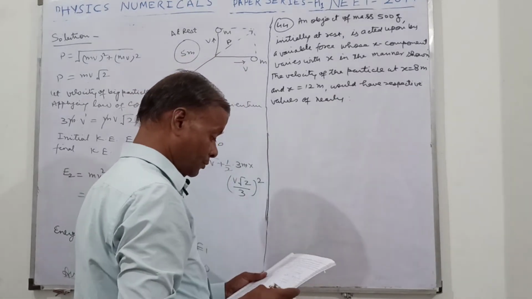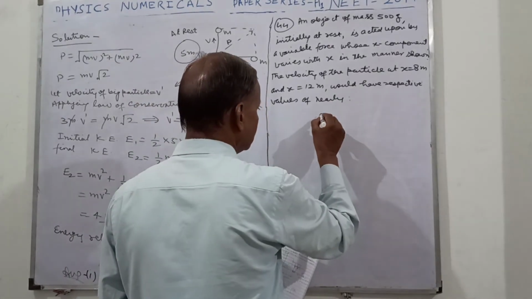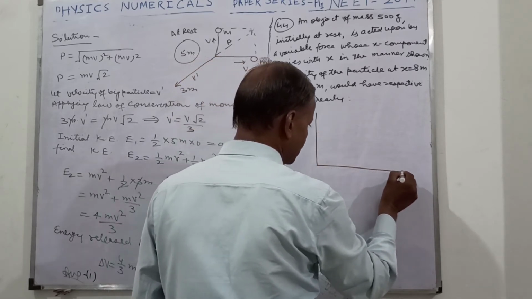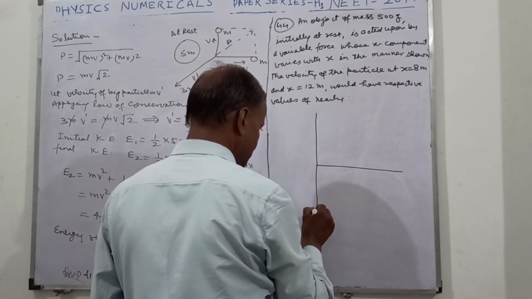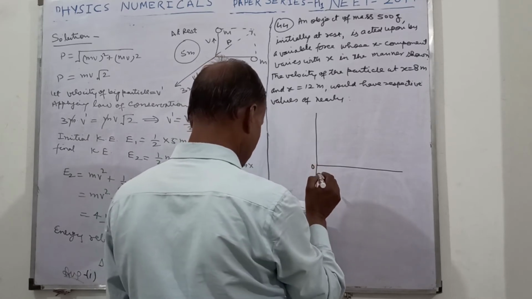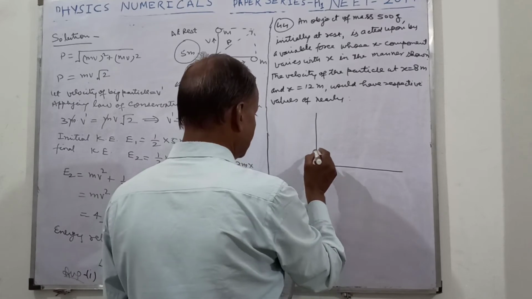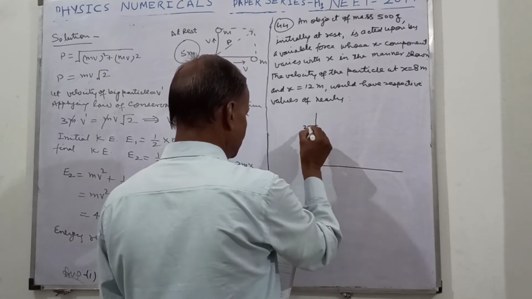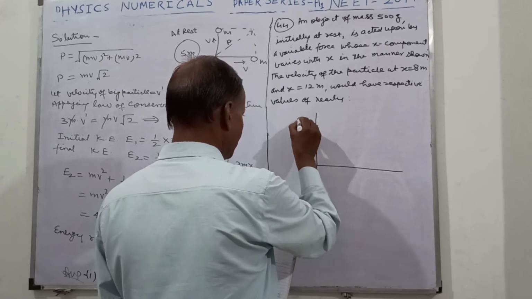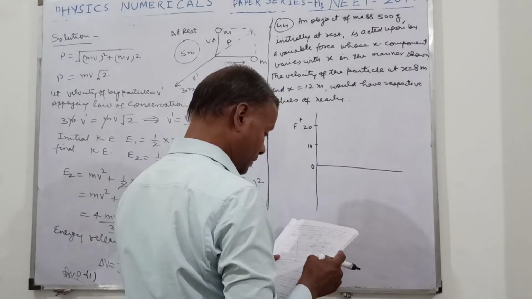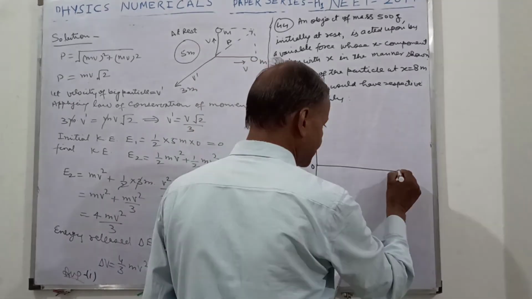Now we are first given the graph here. This is 0, this is 10, this is 20, this is force F, and here we are given x.